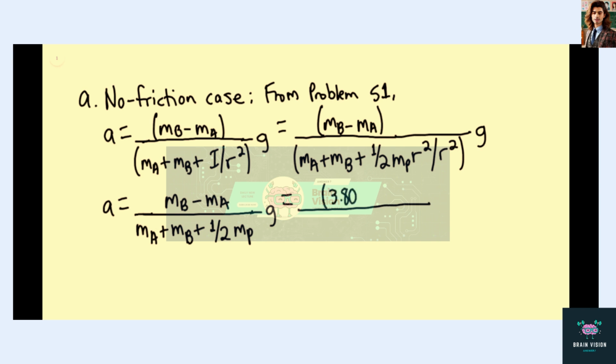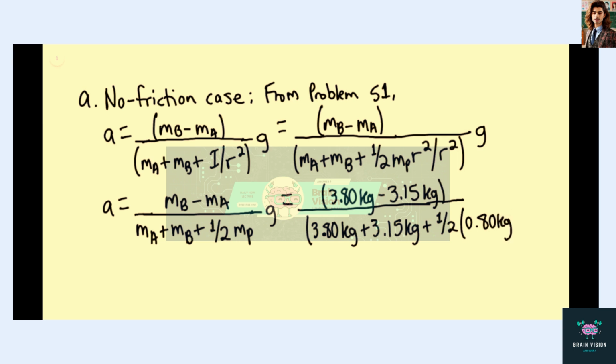At this point, we can solve. This would be equal to 3.80 kilograms minus 3.15 kilograms, divided by 3.80 kilograms plus 3.15 kilograms plus 1/2 of 0.80 kilograms, and then again keeping that factor of 9.8 meters per second squared.